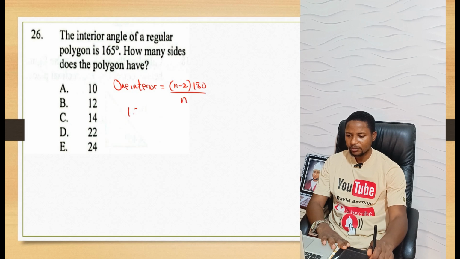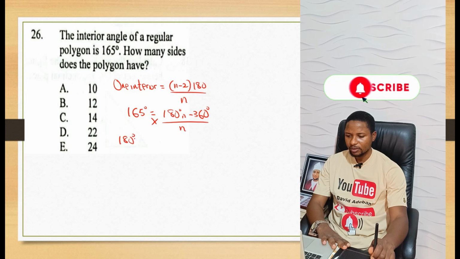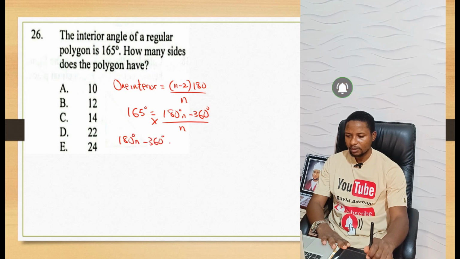So they gave me this as 165 degrees, and if you like, you open up the bracket, so you have 180 degrees n minus 360 degrees over n, cross multiply, so you have 180 degrees n minus 360 degrees equal to 165 times n, which is 165n.